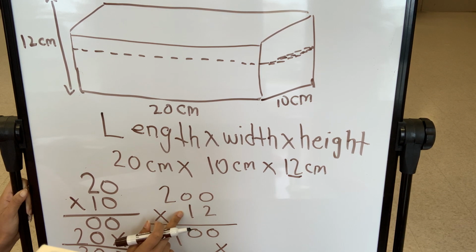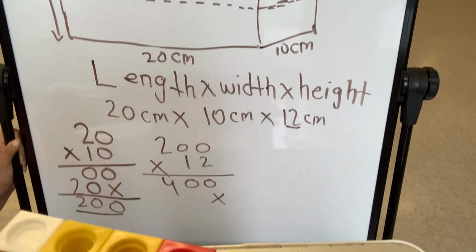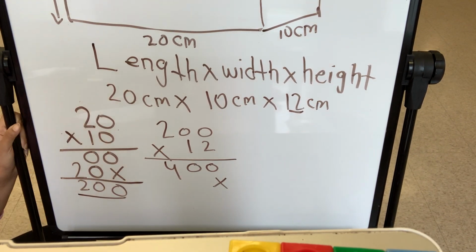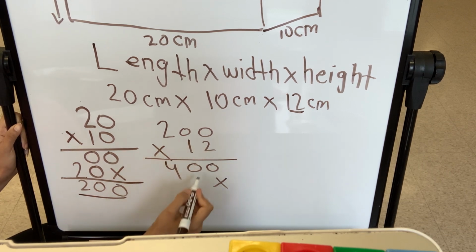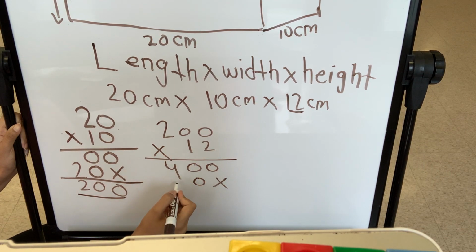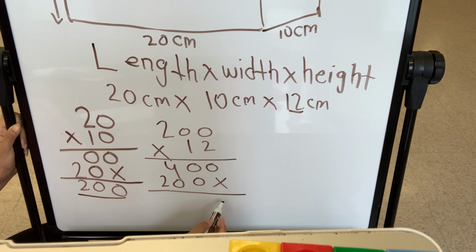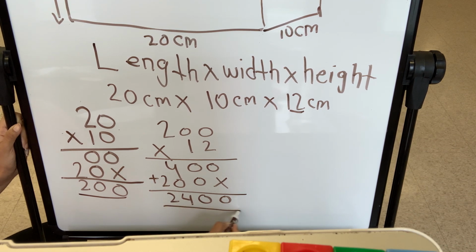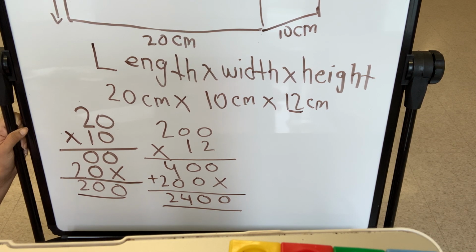Moving on to my second number, 1 times 0 gives me 0, 1 times 0 gives me 0, 1 times 2 gives me 2. Okay, so 0, then adding my numbers, 0, 4, and 2, right? So I multiplied all these three numbers, and what do I have left?